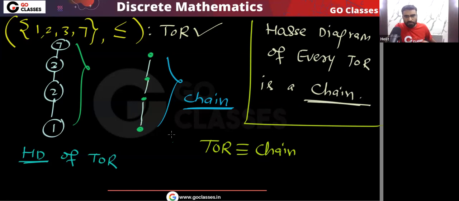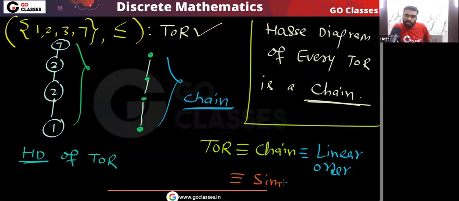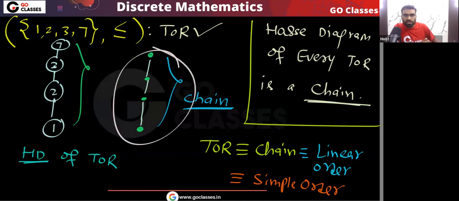So another name for total order relation is chain, or you can call it linear order, or another word is simple order. These are different names for total order relation.